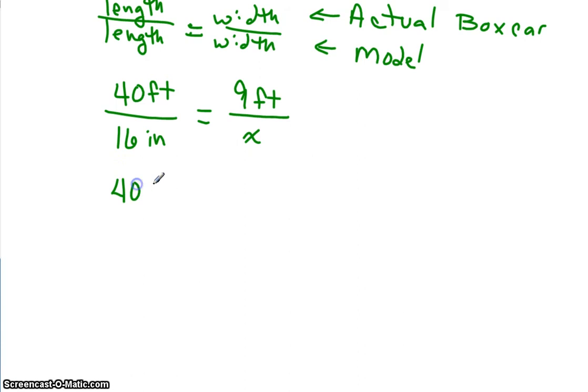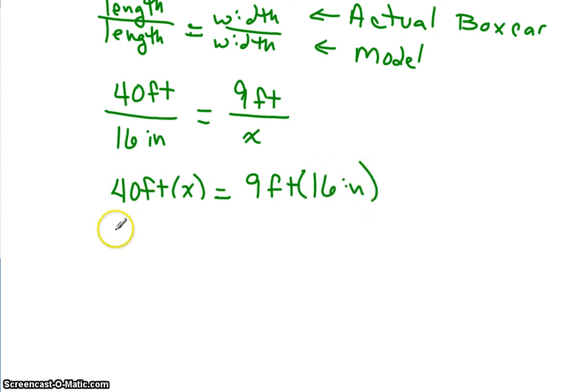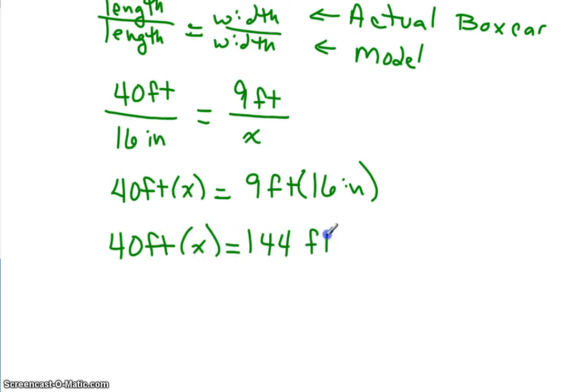So I have 40 feet times x equals 9 feet times 16 inches, or 40 feet times x equals 144 foot-inches. We include both of those dimensions. Now to get x alone, I divide both sides by 40 feet.